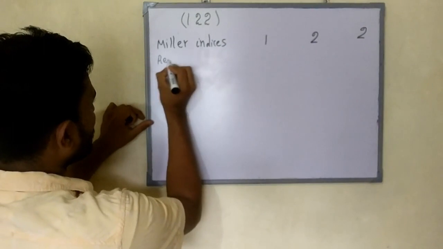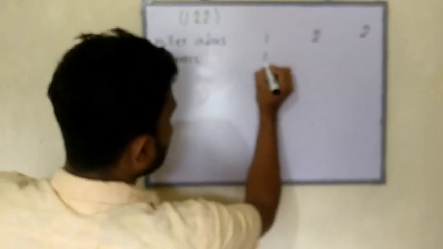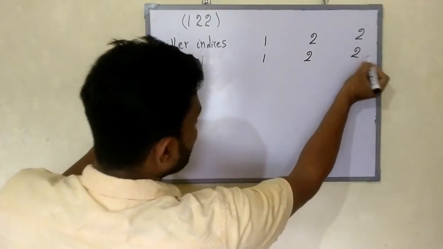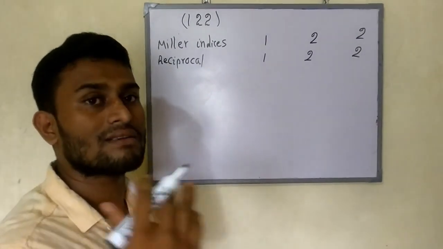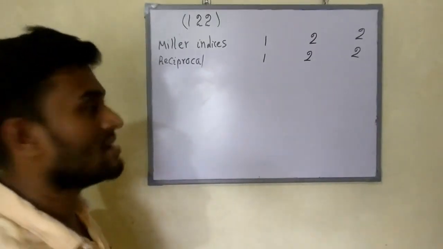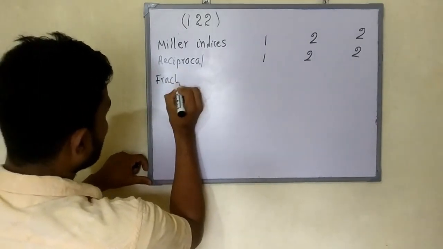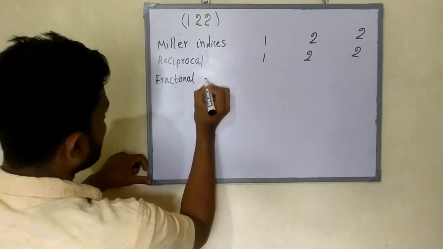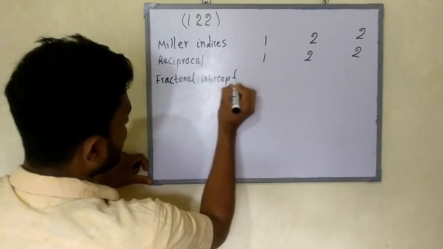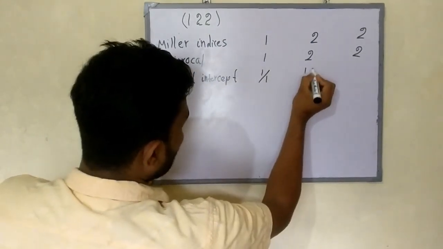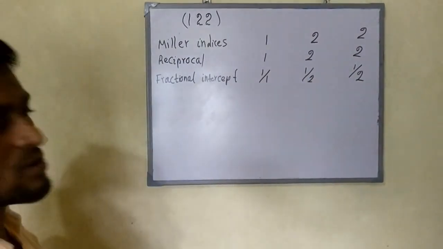So the reciprocal is also 1, 2 and 2. And I already defined that Miller indices are reciprocal to the fractional intercept. So the fractional intercept is 1 over 1, 1 over 2 and here also 1 over 2.